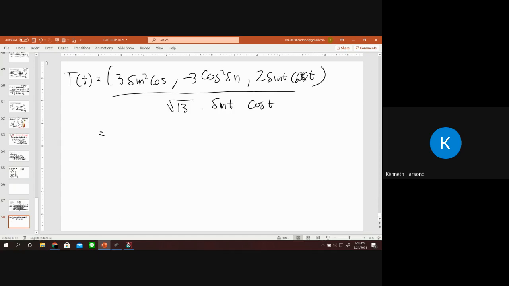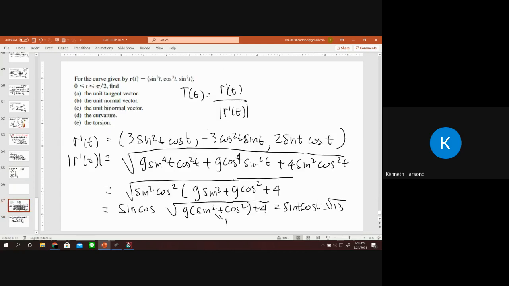And this one just becomes 3 over square root of 13 times (sin t minus cos t), and this one just becomes 2 over square root of 13. Okay, do you have any question for the A part?